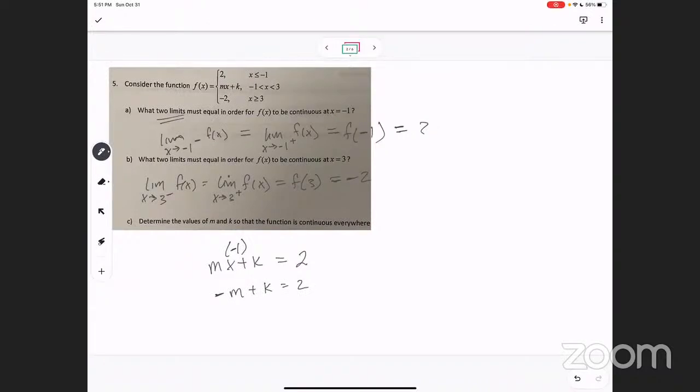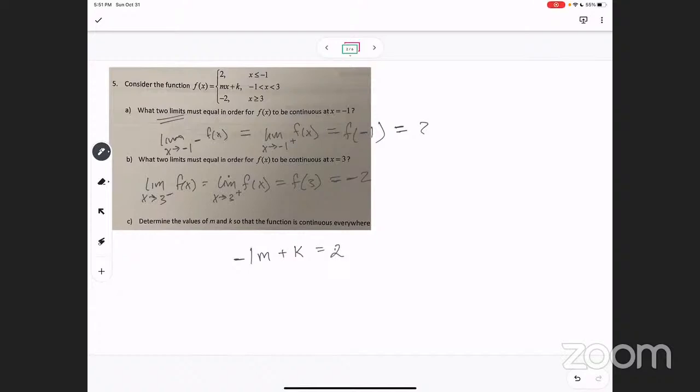Hold on a second. This is tricky because we're going to have to figure out what the k is as well. So I think we're going to have to set up a system of equations here. Let's start over. So we know that negative 1 times m plus whatever k is has to equal 2.